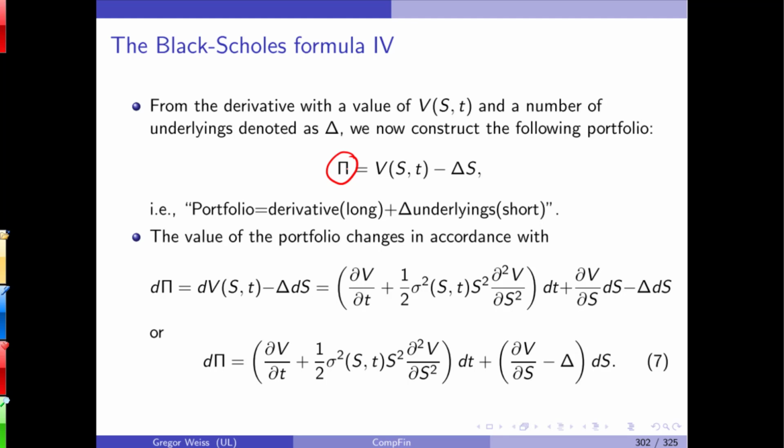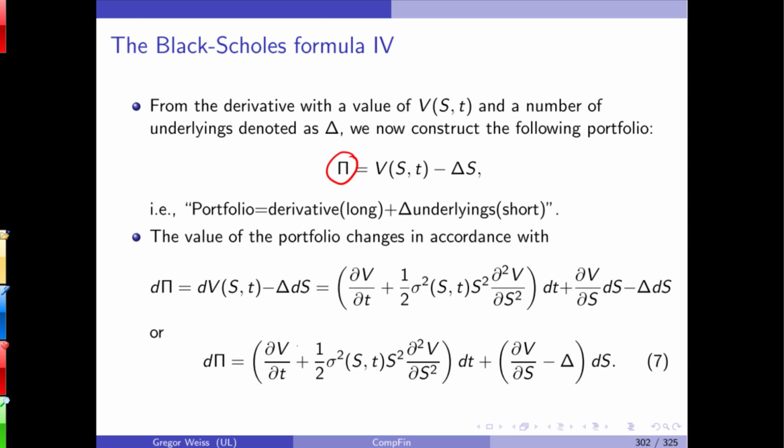The value of this portfolio is given by d pi, which is the change in the option price minus delta times the change in the stock price. Quite simple so far. Write this out. We know dS_t by our assumption of a geometric Brownian motion, and we know the change in the option price from Ito's lemma.